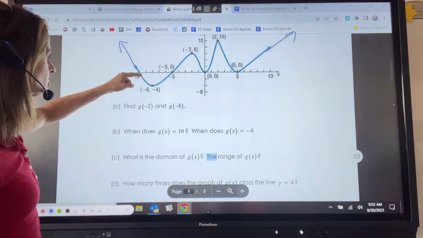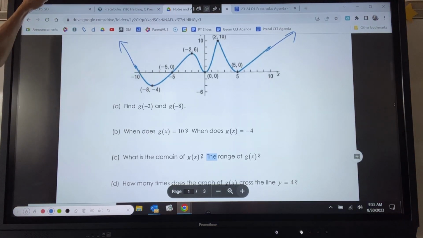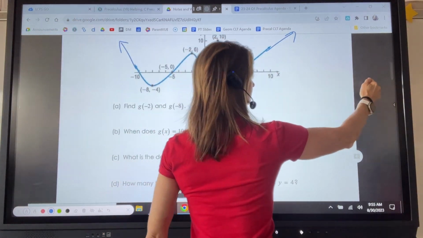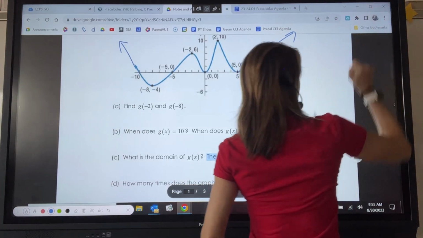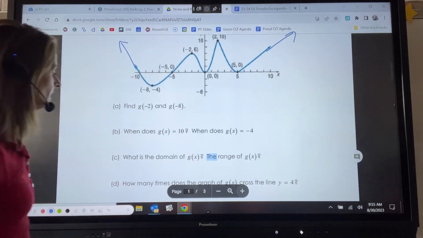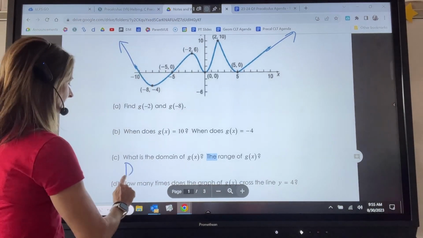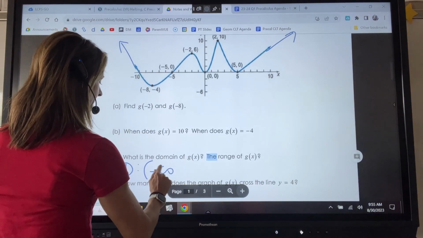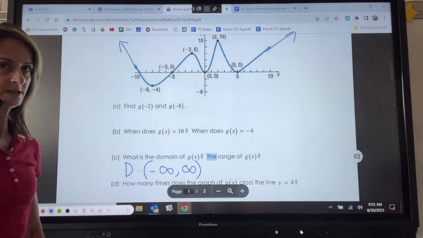Well, I could choose -20, and I'd find a point on the graph up here, right? Because this arrow is going up. Or I could choose +100, and I could go up there somewhere, and there'd be the graph, and I could find a point. So the domain are all the real numbers. So I'm going to write domain is from -infinity to +infinity. And we always put soft parentheses around infinities.